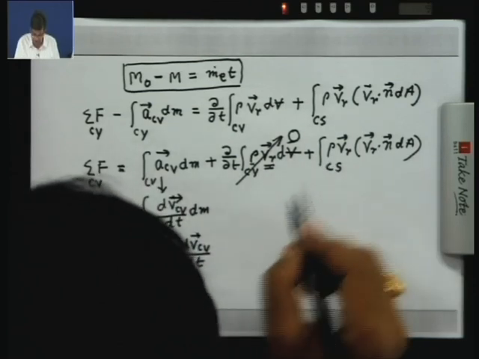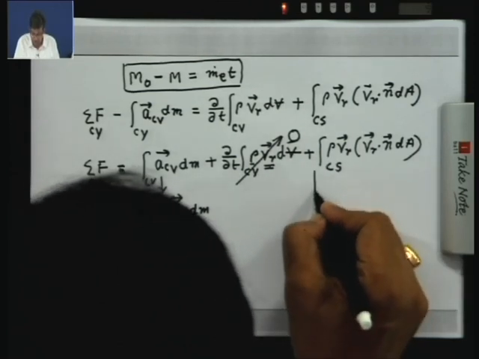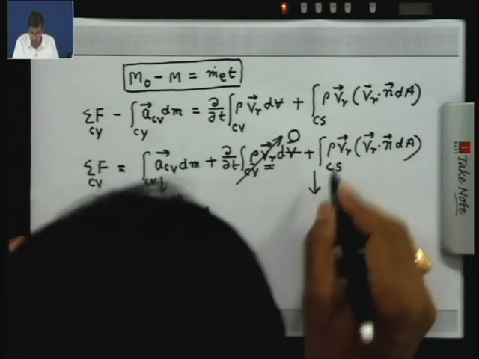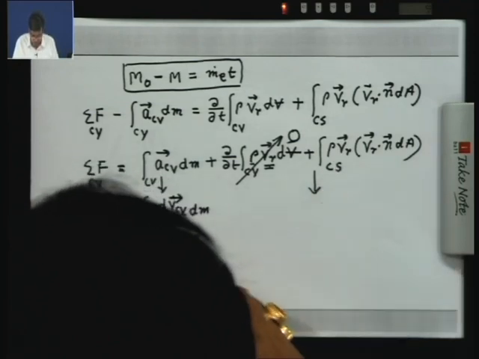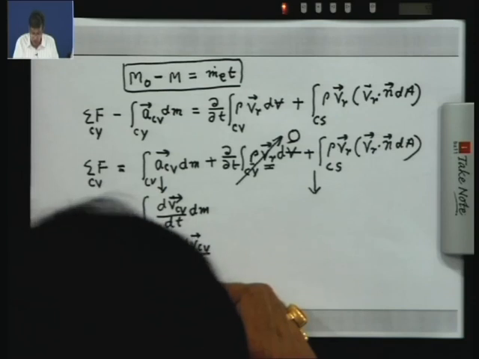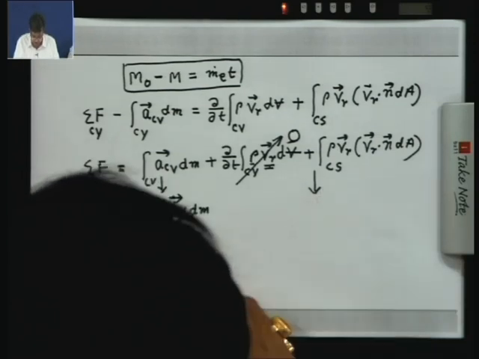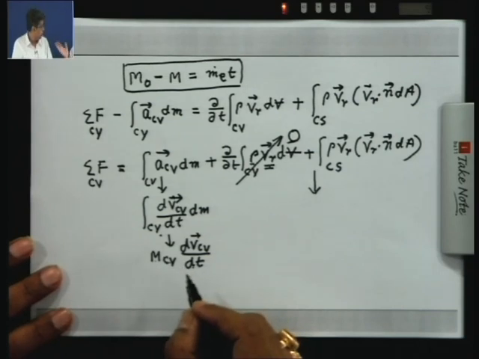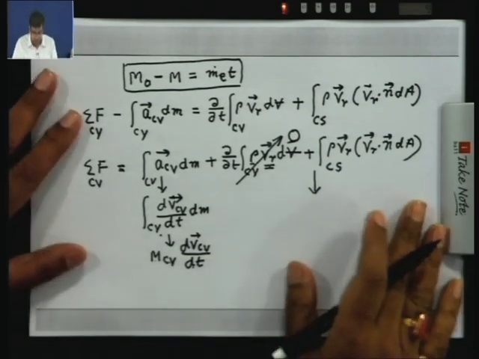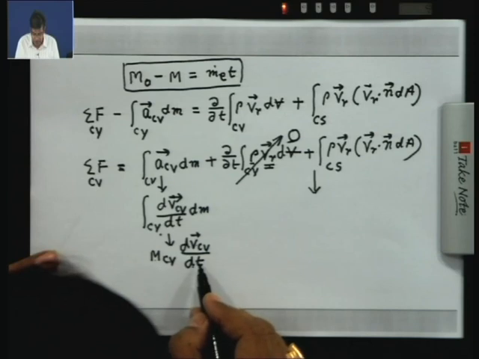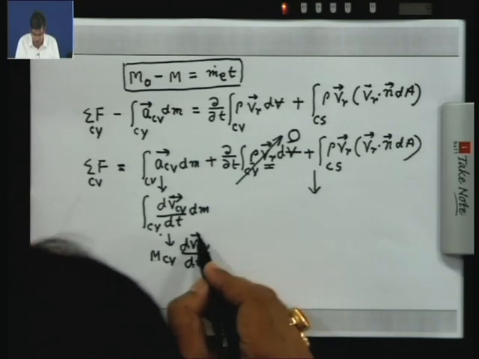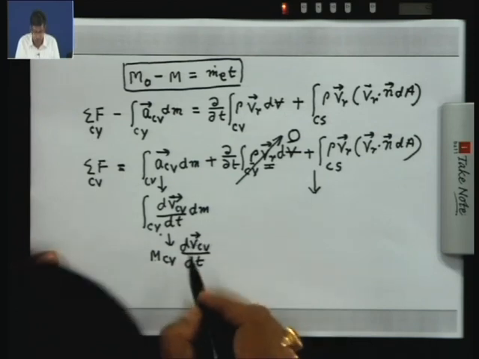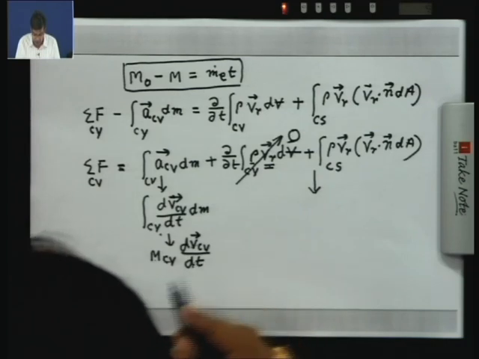Now what is this term then? This term becomes mCV dVCV dt. Now, dVCV dt is the acceleration of the control volume.